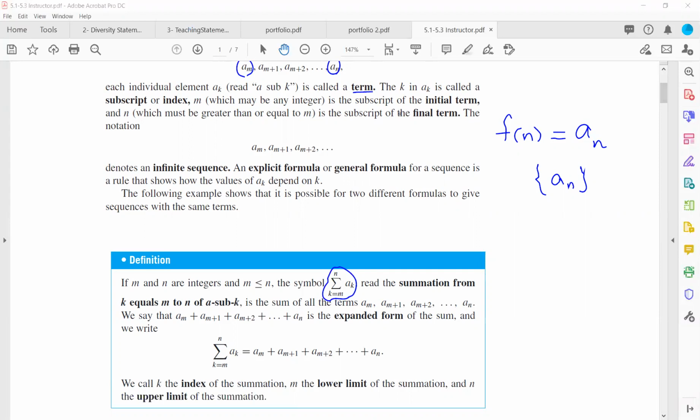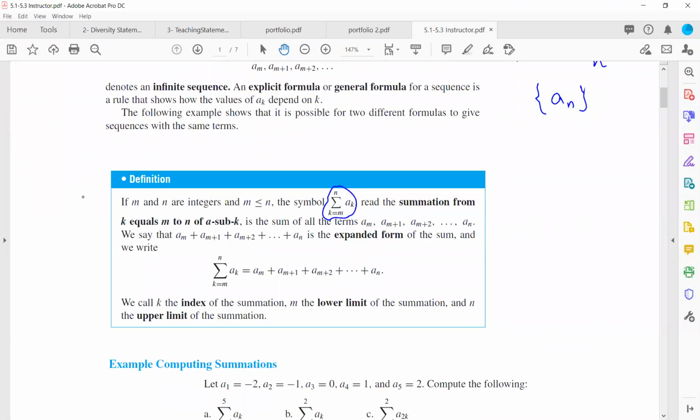For example, the sum of a sub k, k starts from m and stops at n, is just substituting m, m plus 1, m plus 2, and so on into k. So the first term, a sub m, because of the summation notation, plus a sub m plus 1, a sub m plus 2, and so on.